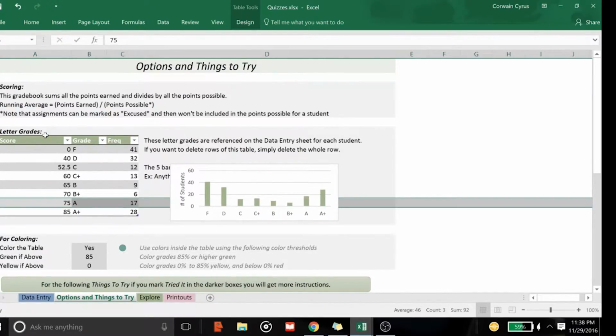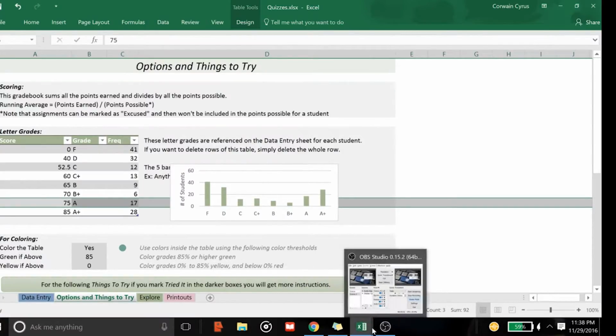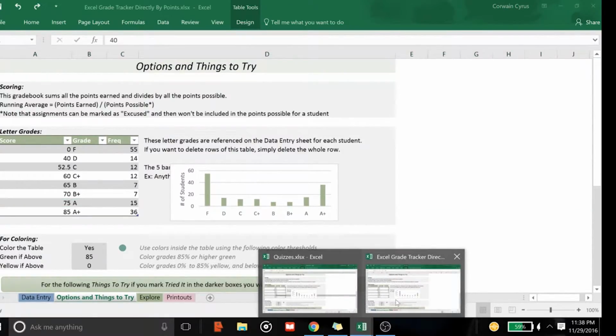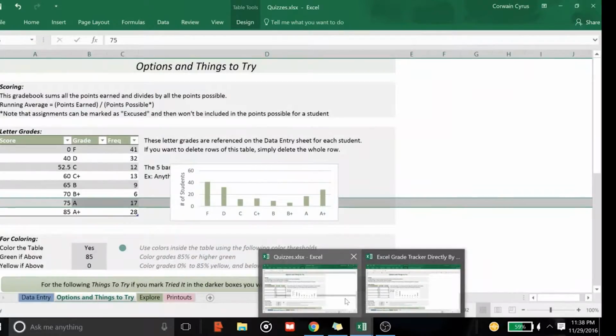So this is the quiz profile. We still see F's reigning supreme. Just as so, this is our mid-semester profile. This is our quiz profile.